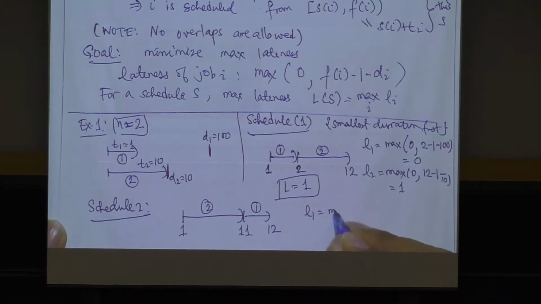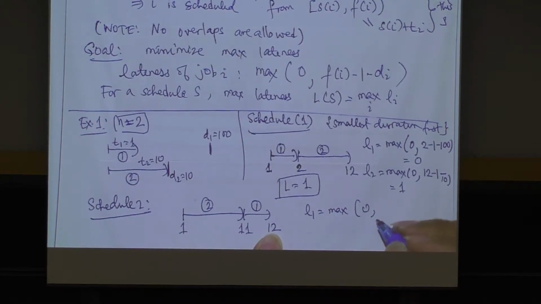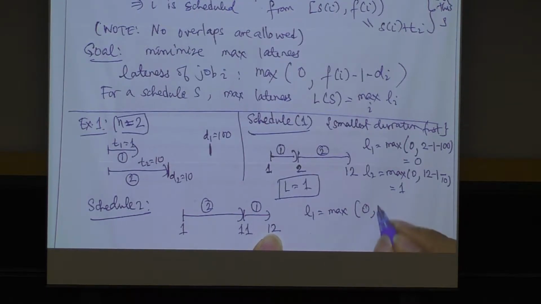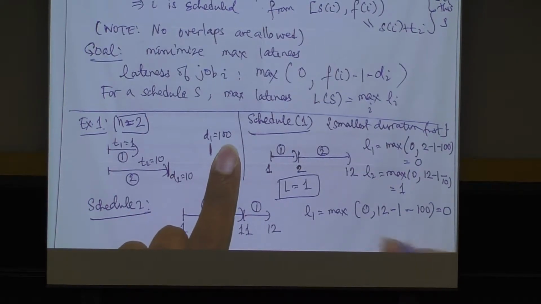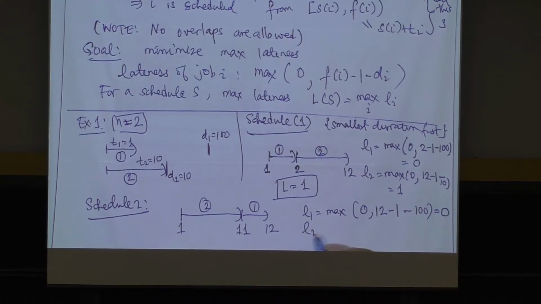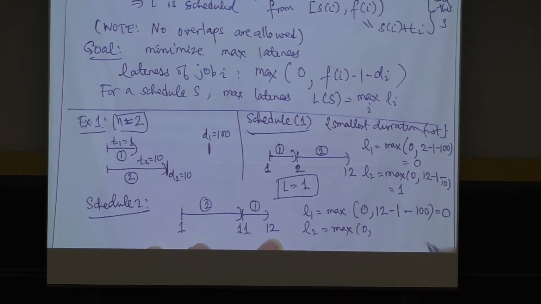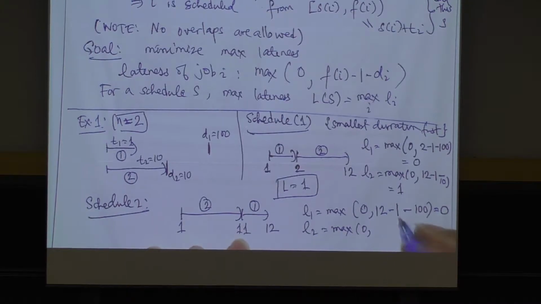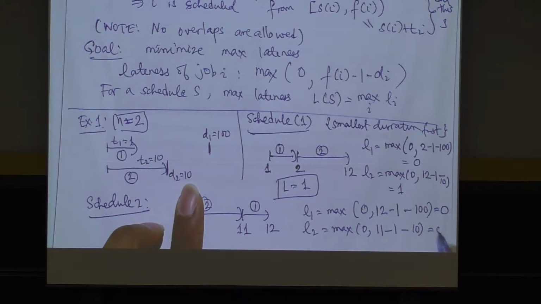Here L1 is max of 0, and the finish time is 12, so 12 minus 1 minus the deadline of 100, which is 0. And L2 now is max of 0, comma, you finish on 11, so 11 minus 1 minus the deadline of 10, which is 0.